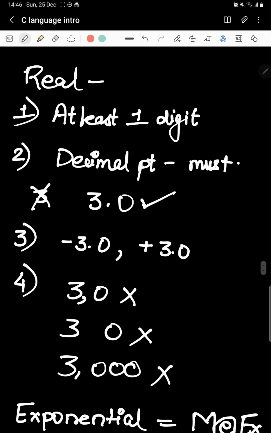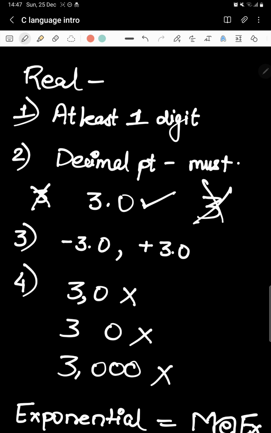Now coming to real constant. Just as I said, integer and real constant cannot be space, that is, they cannot be empty, so there must be at least one digit. Now since these are real, as in real numbers, a decimal point is a must. So 3.0 is a real constant, but 3 is not a real constant.